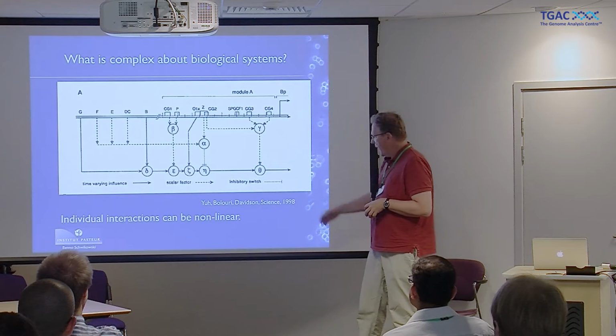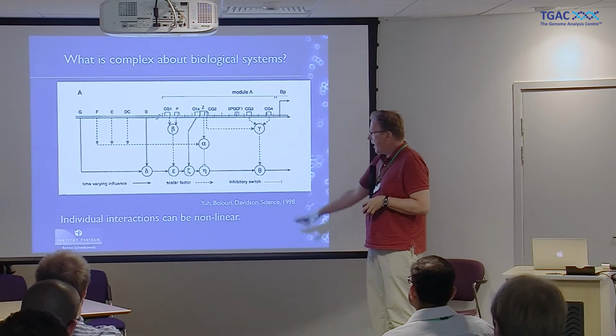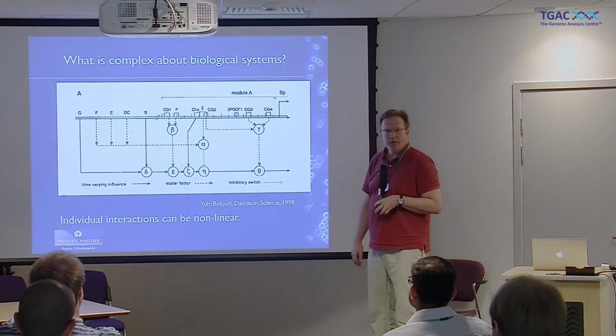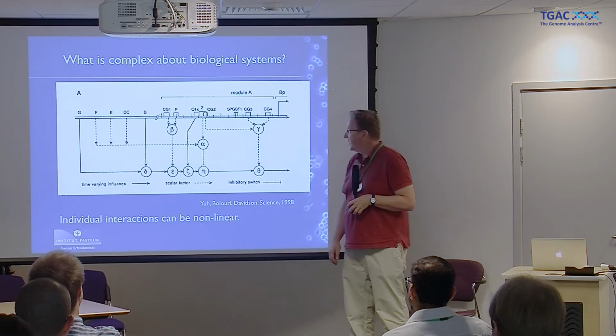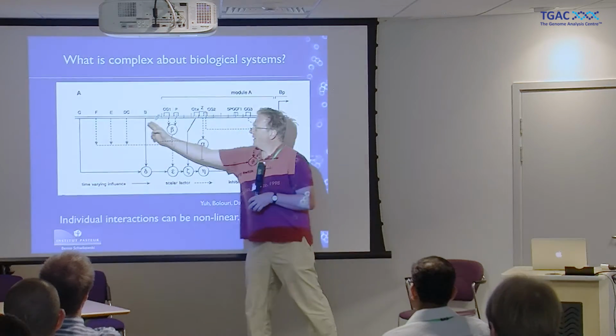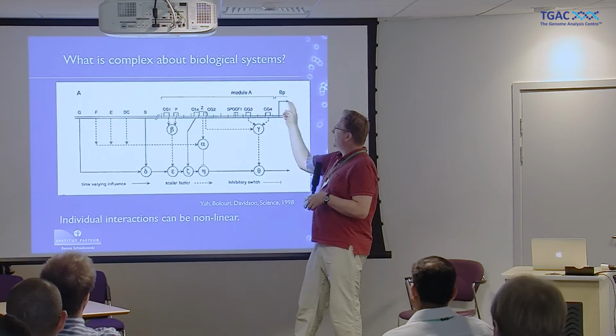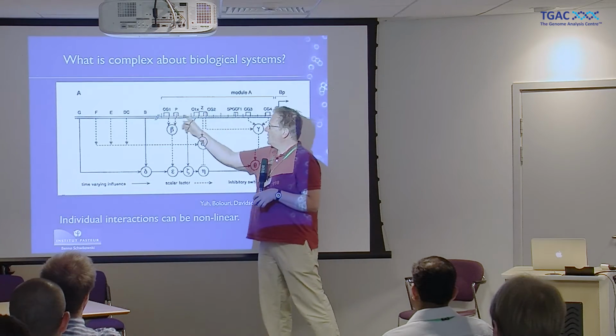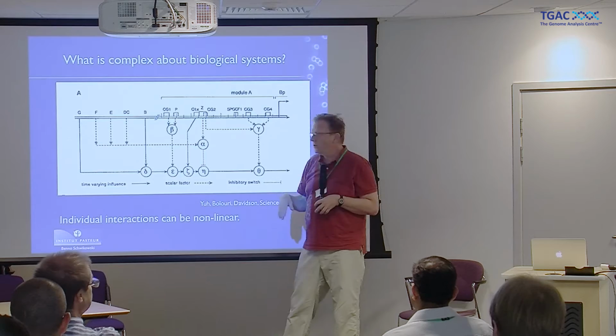Here I'm showing you an old paper from Hamid Bolouri and co-workers, Eric Davidson, in which they teased apart the regulation of the Endo16 gene in sea urchins. What you see here is a linear representation of the DNA upstream of the Endo16 coding region. Upstream, you have these binding sites for different promoters.